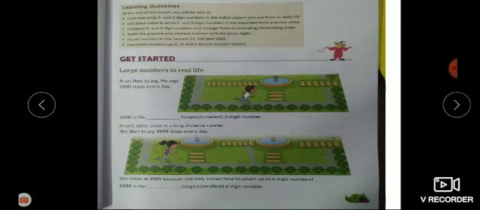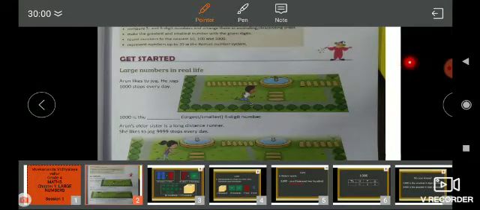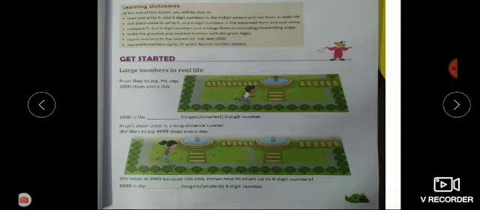So it is the largest 4-digit number, right? You understood the concept. Now we are going to recap the 4-digit numbers we studied in grade 3. Shall we check? Okay.